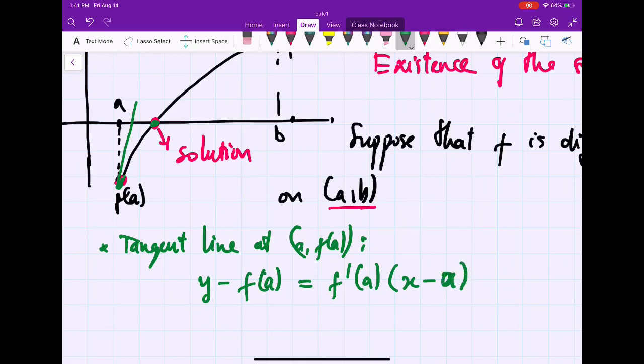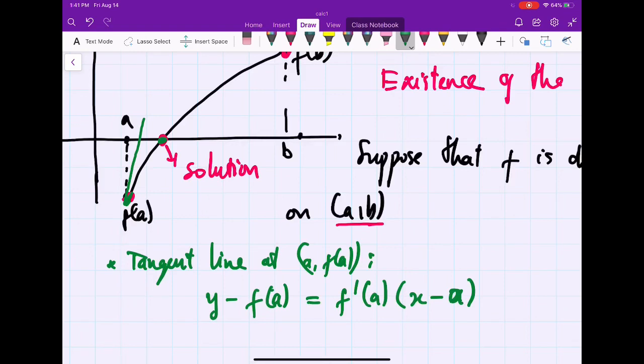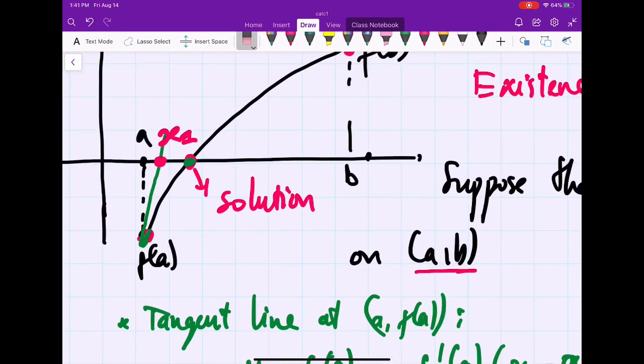Is that correct? Then, as we have seen in the picture, this tangent line will intersect with the x-axis at some point. Let me denote it by x1, and let's denote a by just x0. That is the first point. Then at this point I have the corresponding point on the graph of the function.